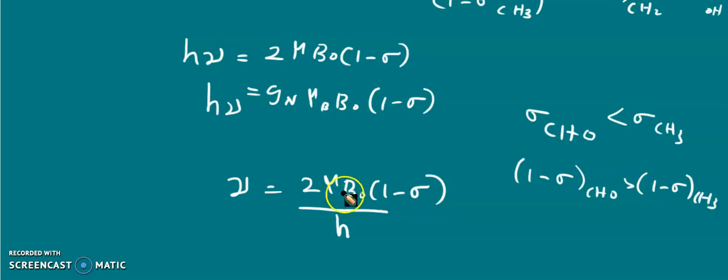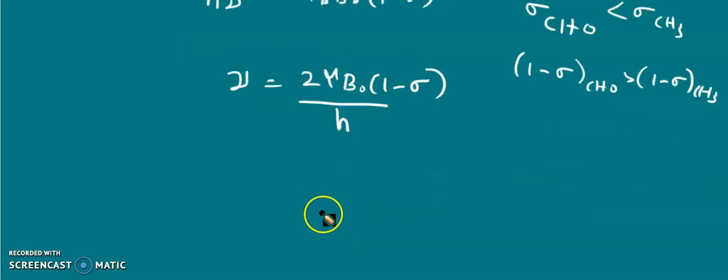So we can see that in the case of acetaldehyde, 1 minus sigma is greater for the CHO group and lesser for the CH3 group, and frequency is smaller for the CH3 group. So nu CH3 is less than nu CHO.